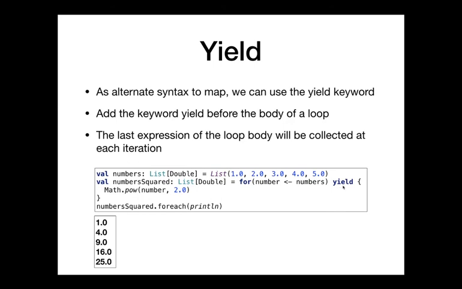So in this example, numbers was a list. So when we say yield, Scala is going to return a list. It's going to match that data structure. It resolves the result to a double, so it's going to return a list of doubles.